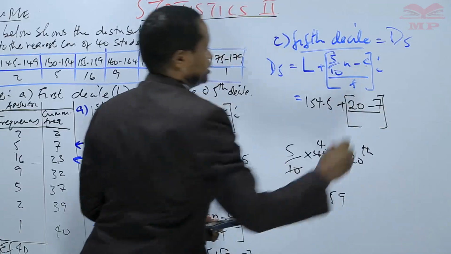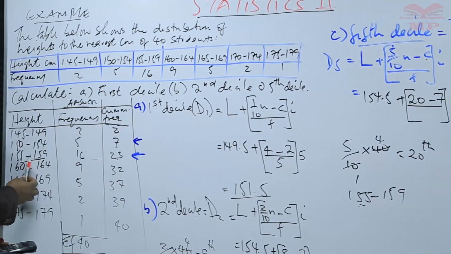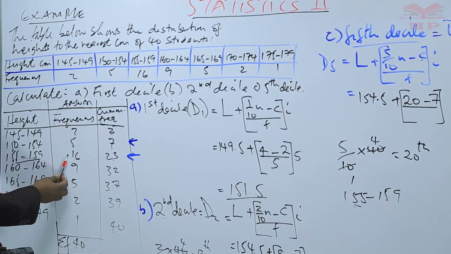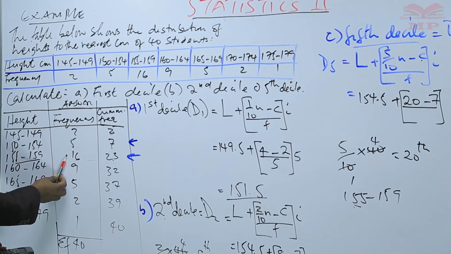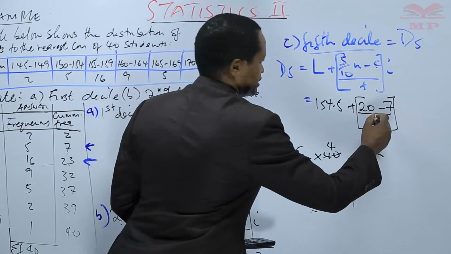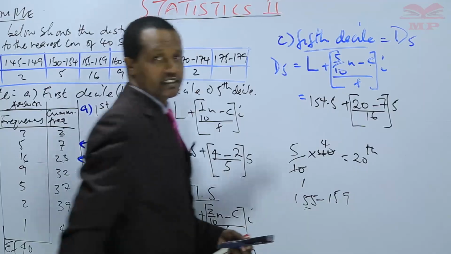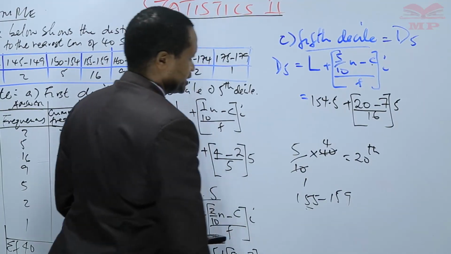Divide by the frequency of the fifth decile class. The frequency here is 16, times 5, the class interval.